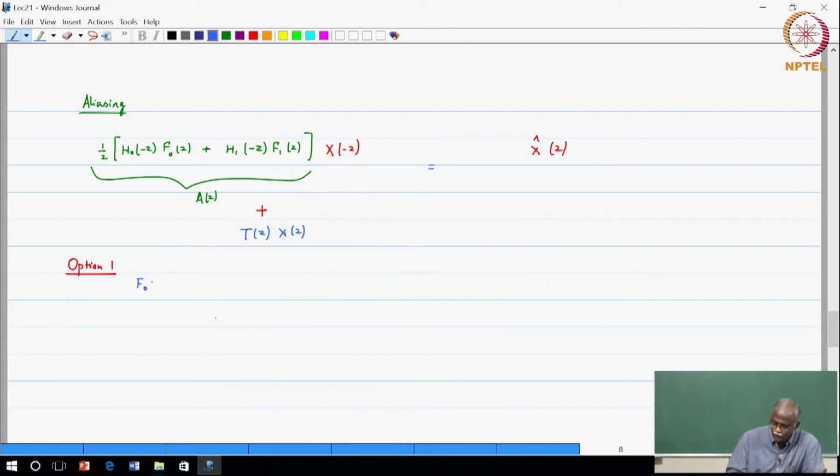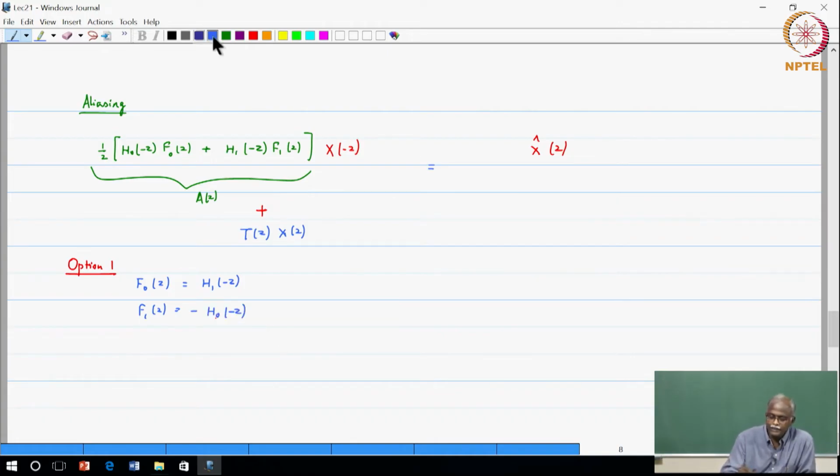The choice was to choose F naught of z to be equal to H1 of minus z, and F1 of z to be equal to minus H naught of minus z. Okay.